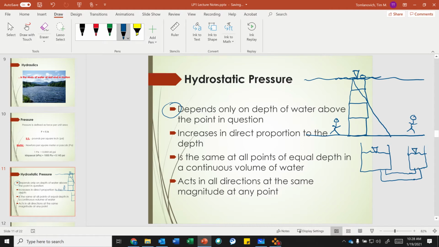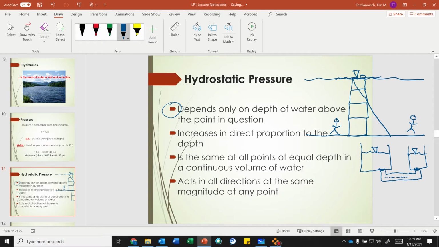Let's pretend that this is open. No matter what, because this is connected, if I'm standing here or here, this will cause equilibrium, and the pressure is the same. Even when I walk through the pipe here, the pressure is the same because it's continuously connected.